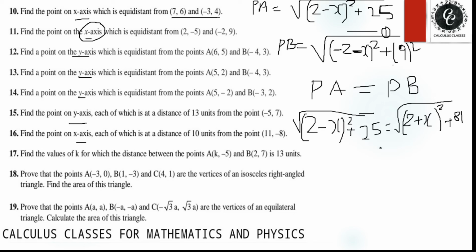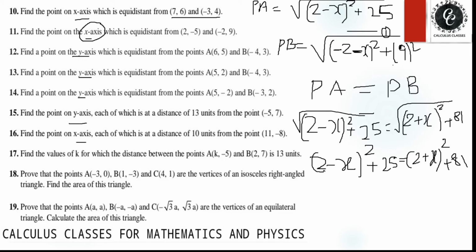I'm not writing the square root because it takes time. We will square both the sides, so the square root will cancel. So (2 minus x) whole square plus 25 equals (2 plus x) whole square plus 81.